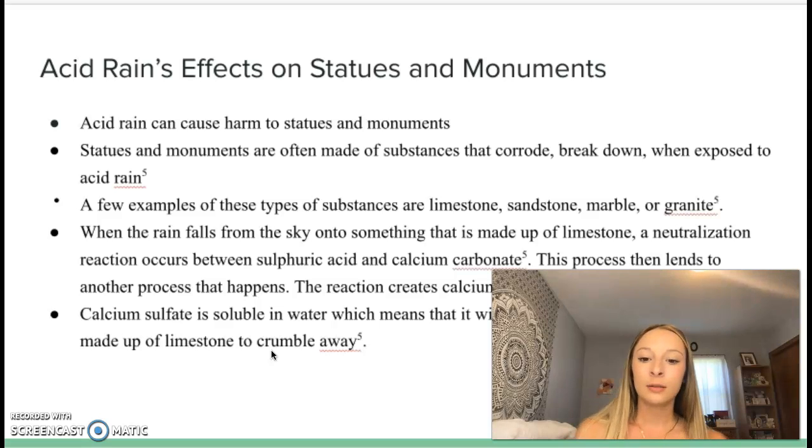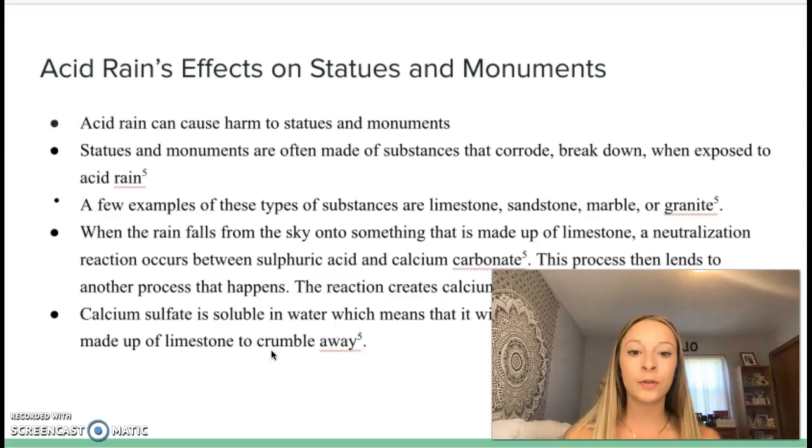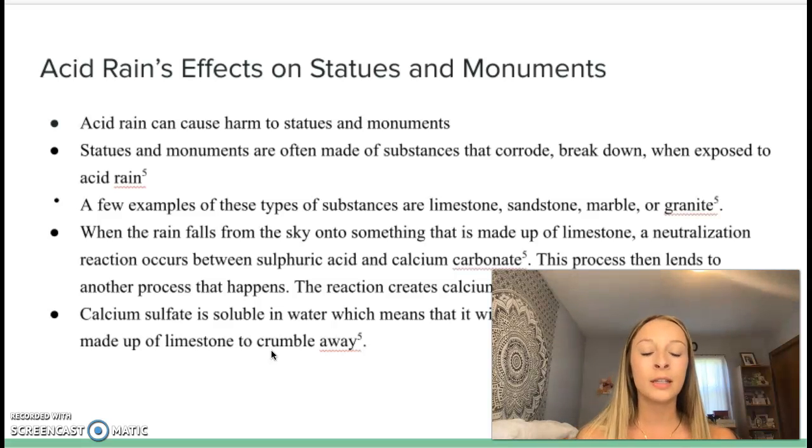How exactly it works is, when the rain falls from the sky onto something that is made up of limestone or any of the above listed types of substances, a neutralization reaction occurs between sulfuric acid and calcium carbonate. This process then leads to another process, which creates calcium sulfate.